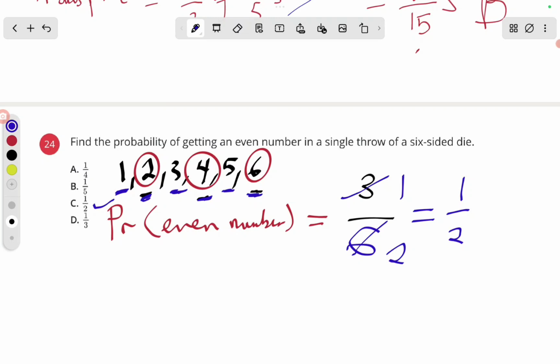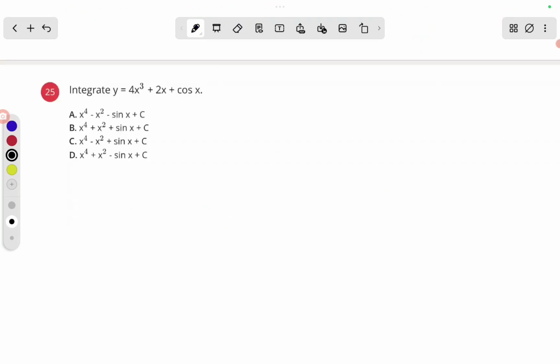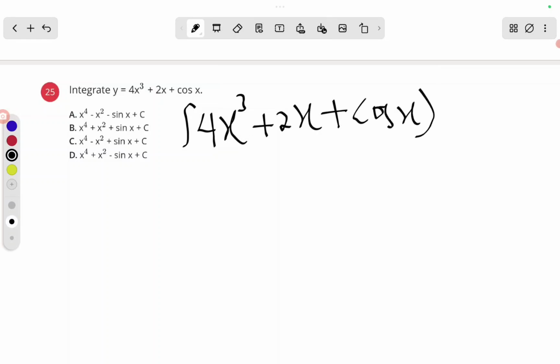So let's proceed, guys. Question 25. Integrate y equals 4x cubed plus 2x plus cos x. We want to integrate this given function, 4x cubed plus 2x plus cos x dx.